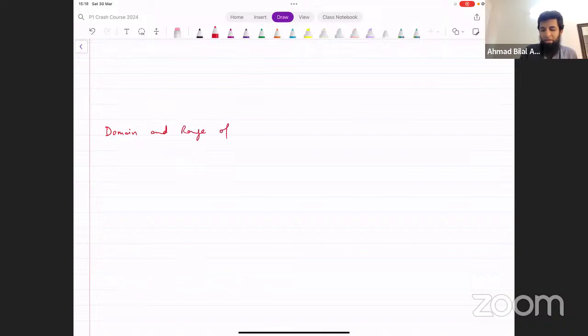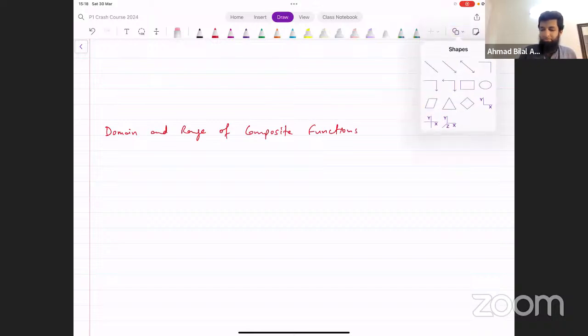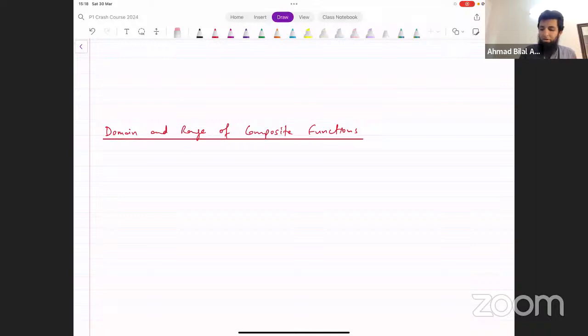Domain and range of composite functions, and also identifying when a composite function can be formed or not formed.